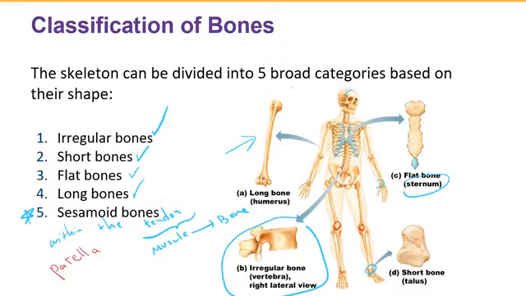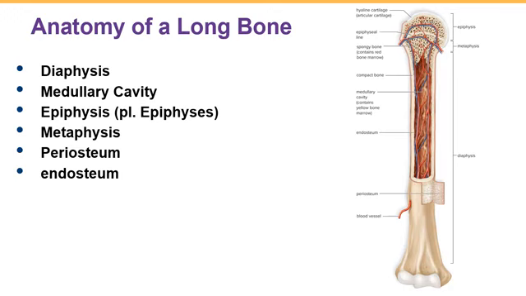Okay, so in this part, we are going to talk about the anatomy of a long bone, like the bone that you have in your arm, in your fingers, in your thigh. So as you can see, it is a long bone, as the name is descriptive. For a long bone, we define 2 ending parts, each of which is called epiphysis.